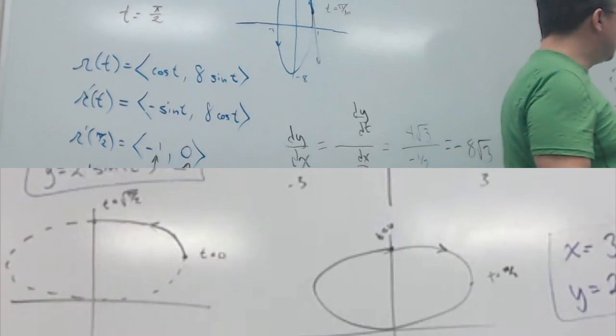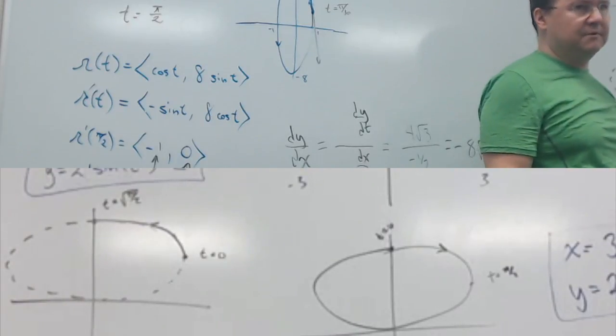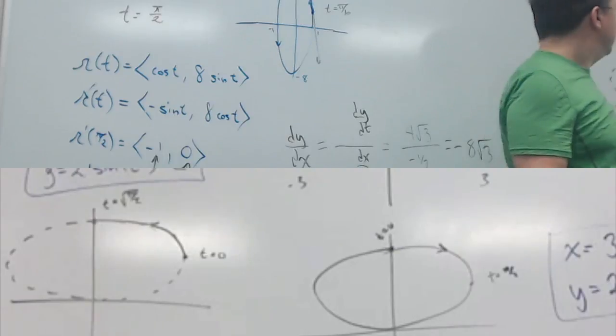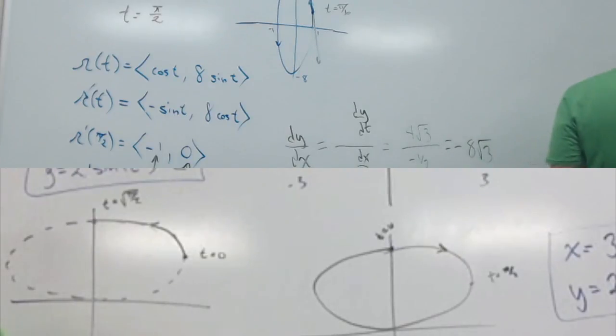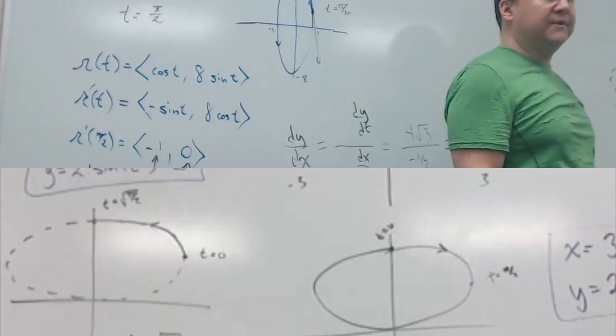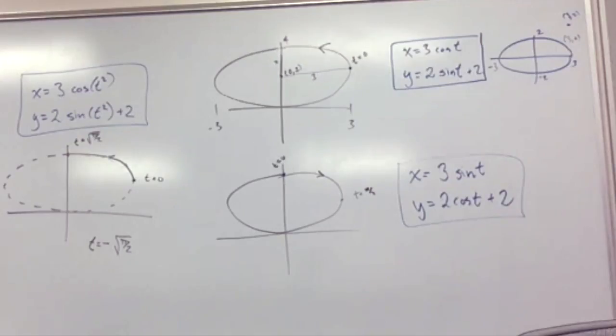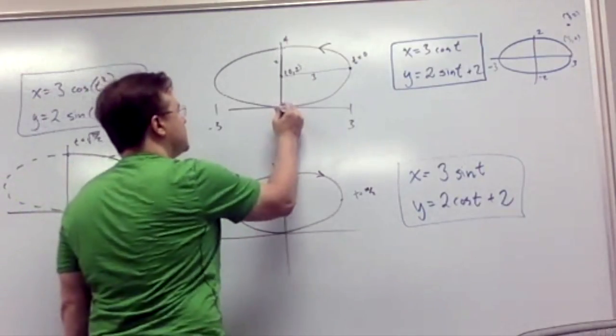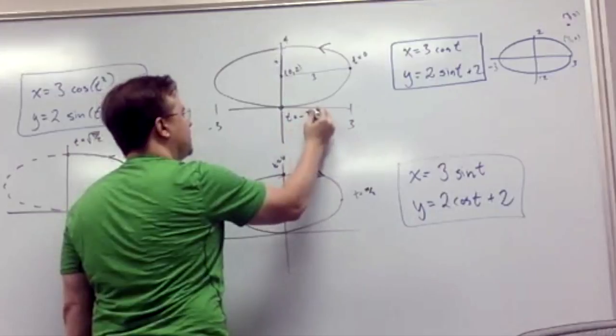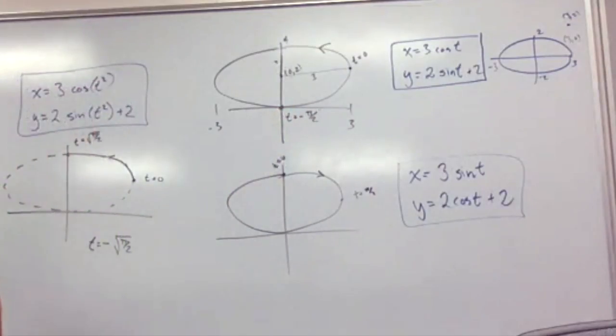But what's really weird is that if you plug in negative numbers for t, such as t equals negative square root pi over 2, what point would that be on this curve? It'll still be the top. Right here. However, when you square it, this actually becomes a positive pi over 2.